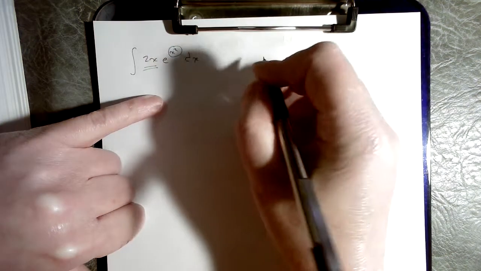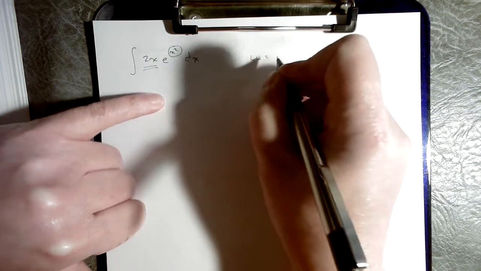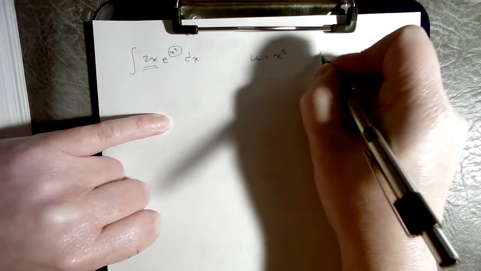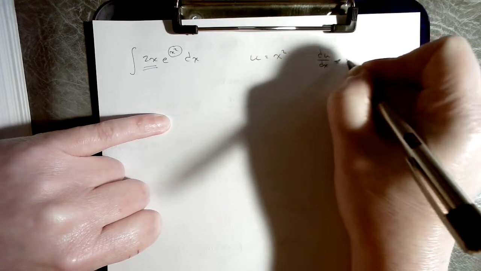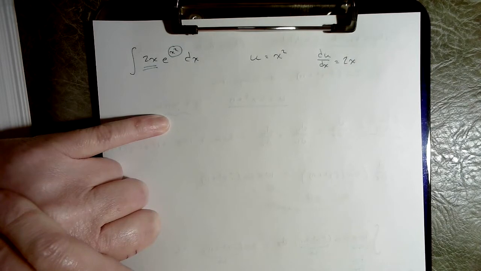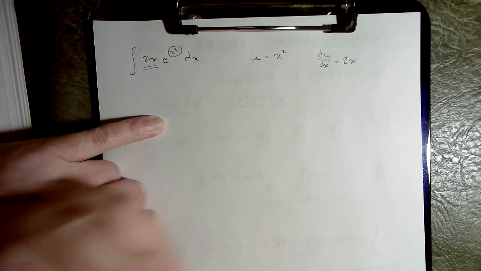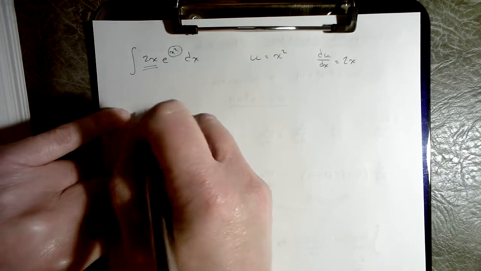And this is how I do it. I'm going to let u be the thing inside the composition, the fancy thing. And I know that du dx is 2x. And here's my magic bookend swap. Here's my change of variables.